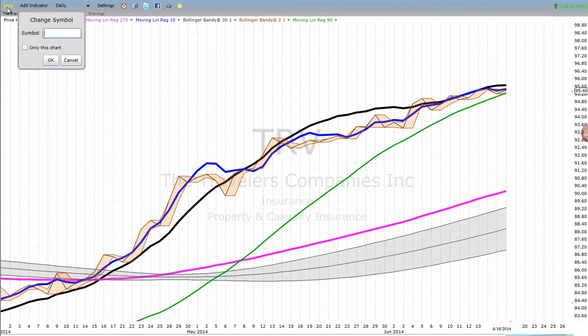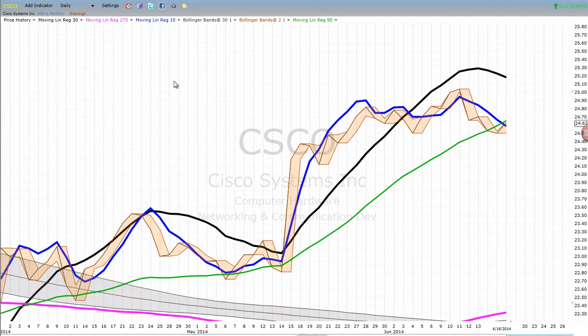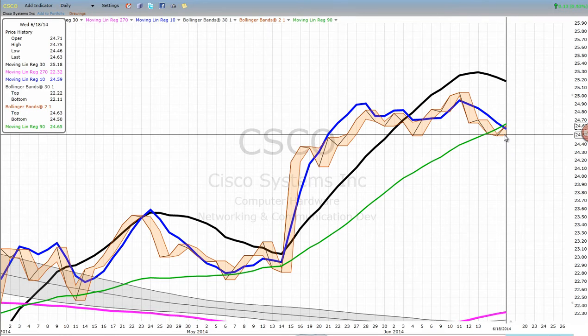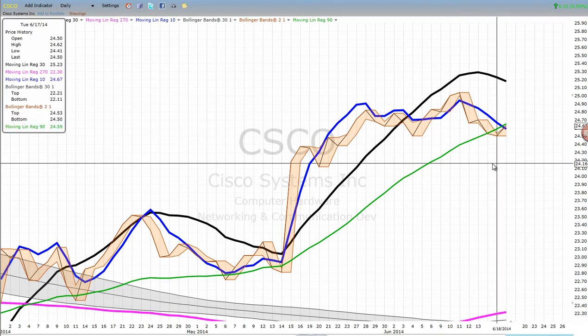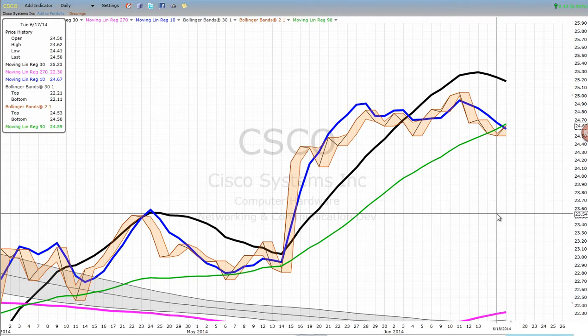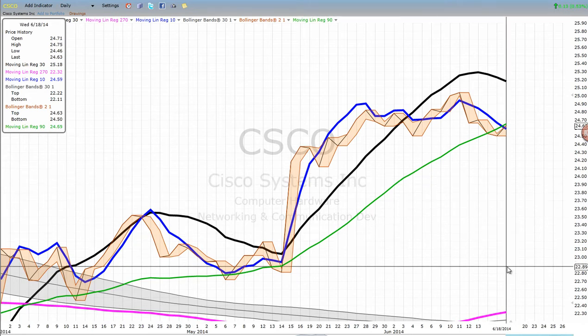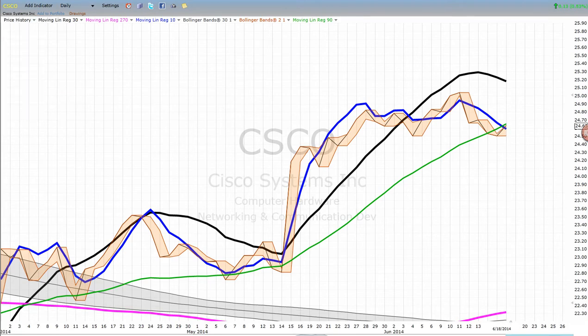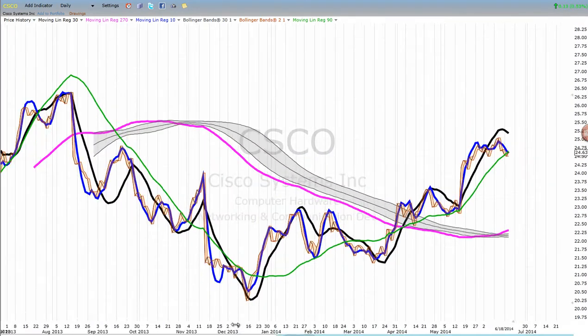Yeah, let's try Cisco. Tactical trade stabilizing here. This one I think you can frame in either direction. It's really got to get above 25 to be convincing, but a failure here at 24.5 finds 24 even pretty quickly, gets back here to 23.5, and then support at 23, and then the long-term value price there at the 270.